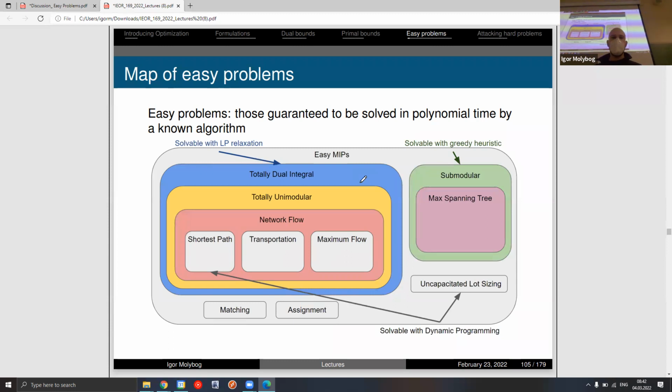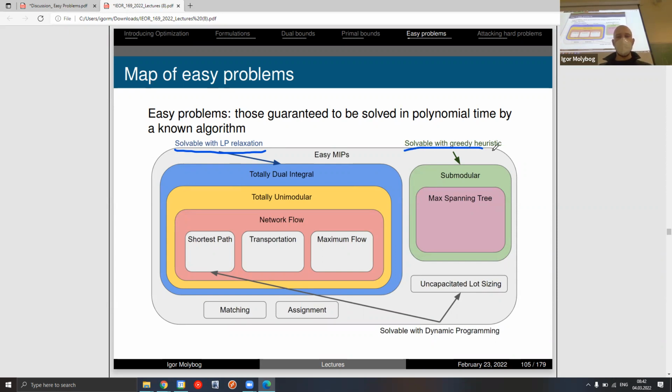You remember that we had methods to construct dual bounds and methods to construct primal bounds. During the lecture last week, we took a look at the methods to construct dual bounds, particularly the LP relaxations.